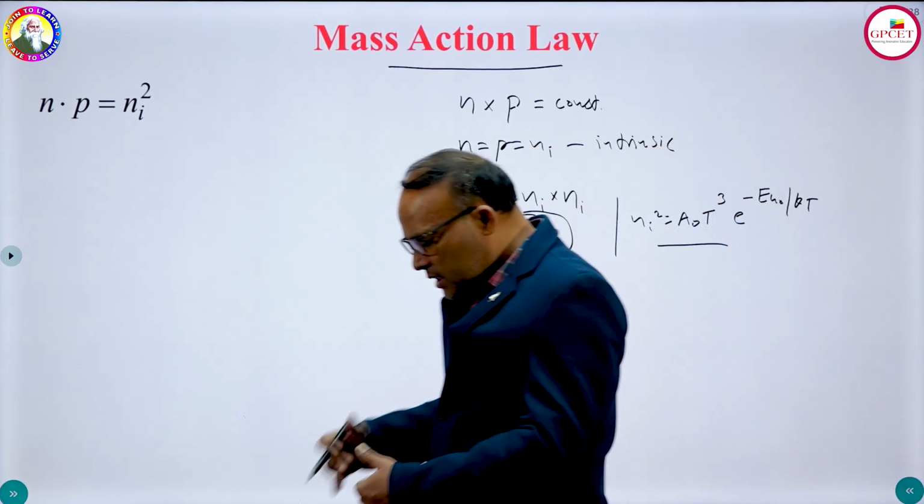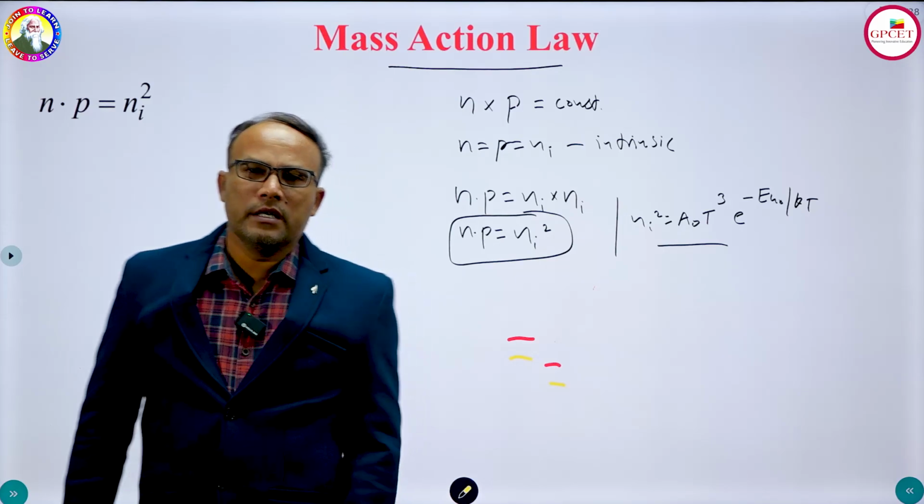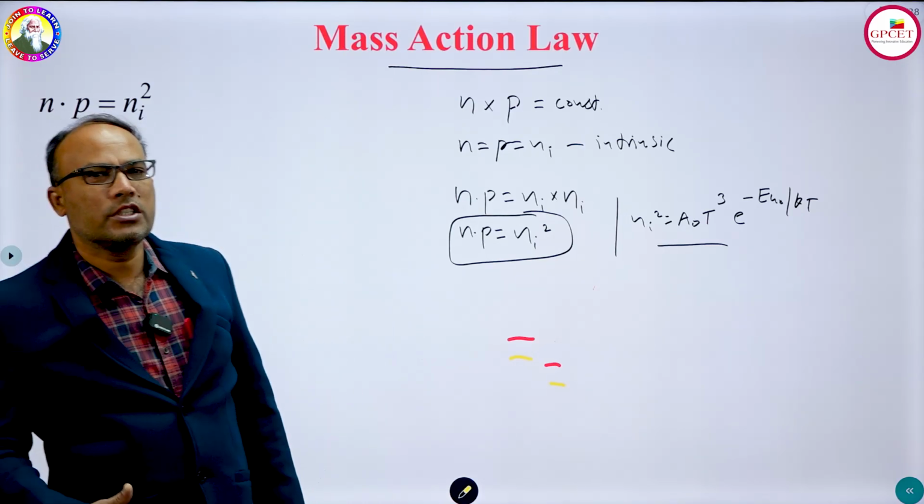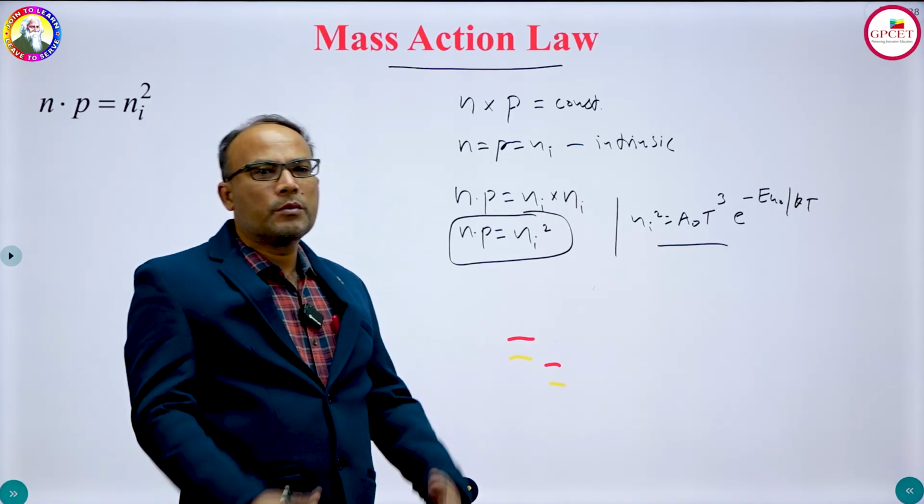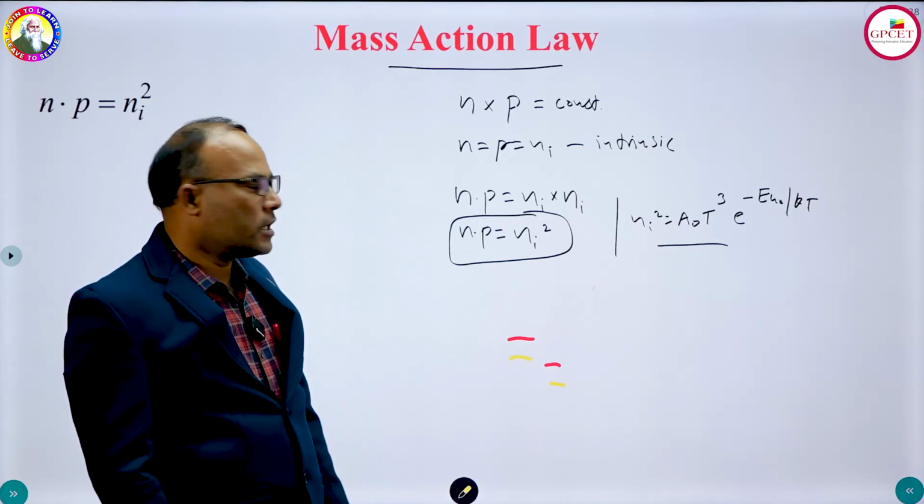Using this mass action law, we can find the majority and minority charge carriers in p-type and n-type semiconductors.